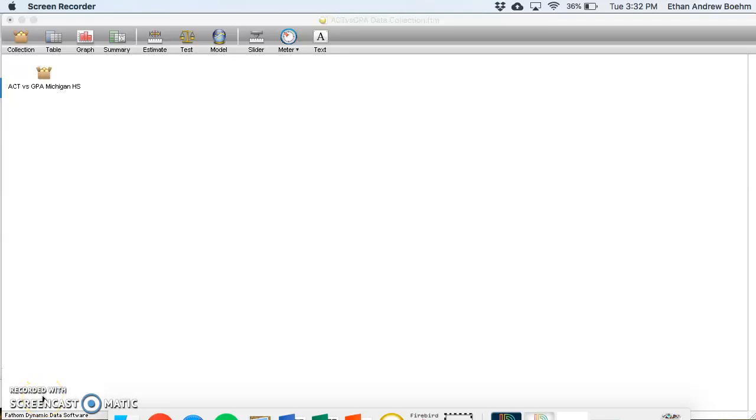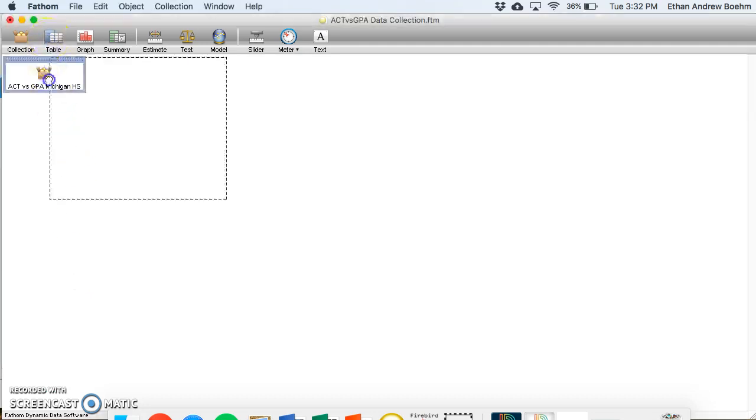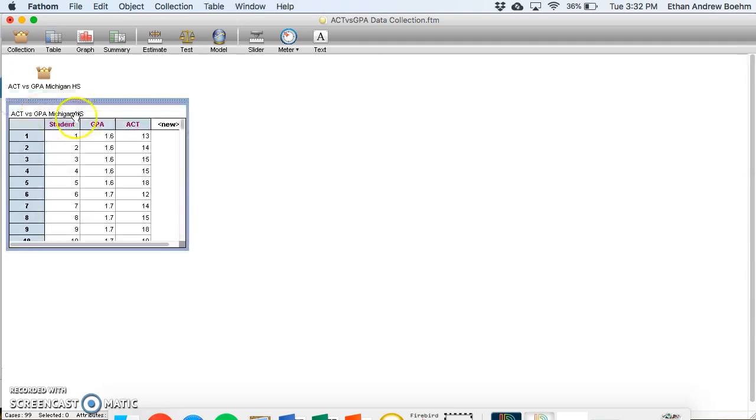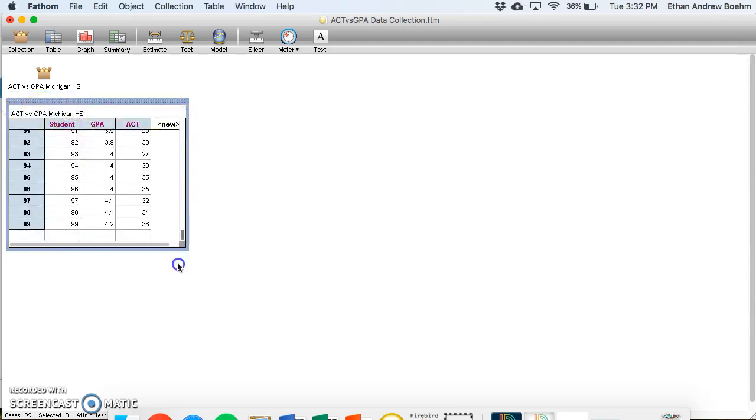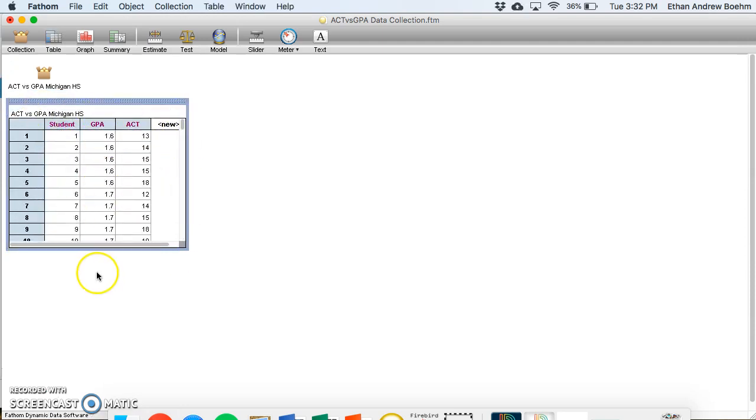So what I'm going to do is show how and why we might be creating a sampling distribution for sample slope. What I have here is data where we've got 99 students, we've measured their GPA, and we've measured their ACT score.